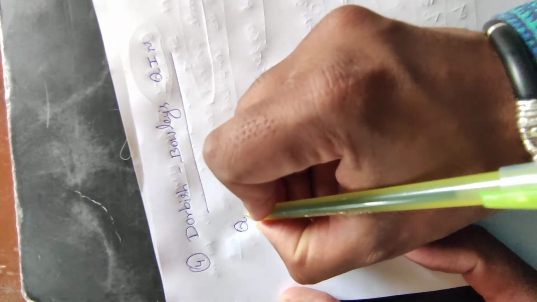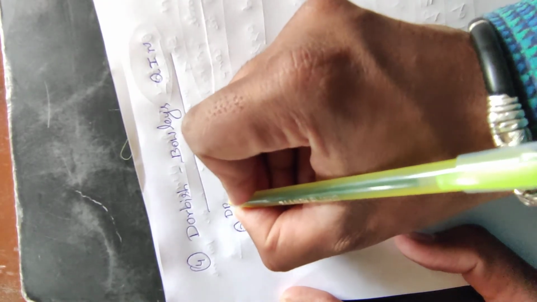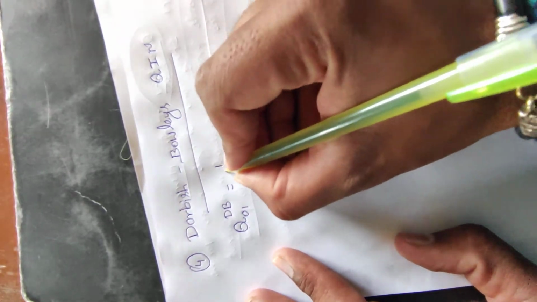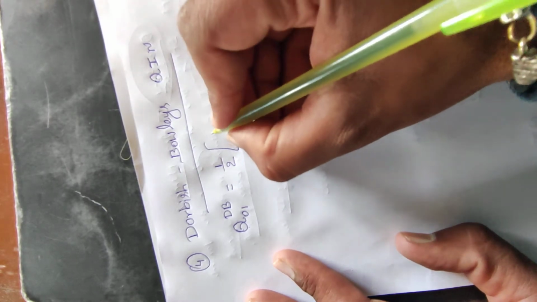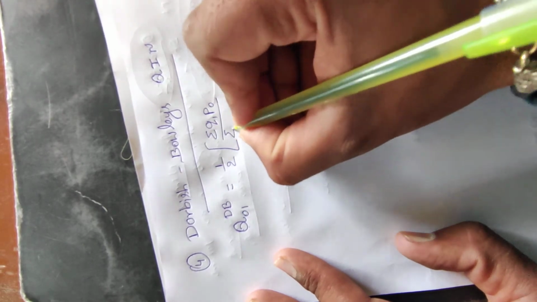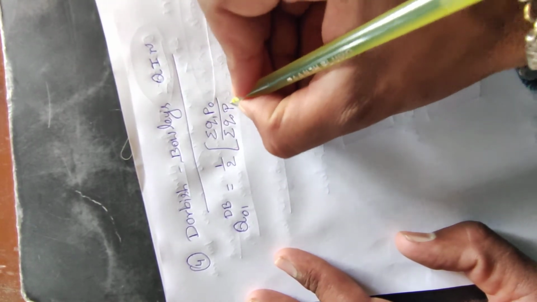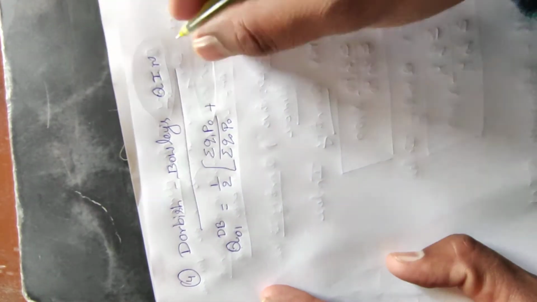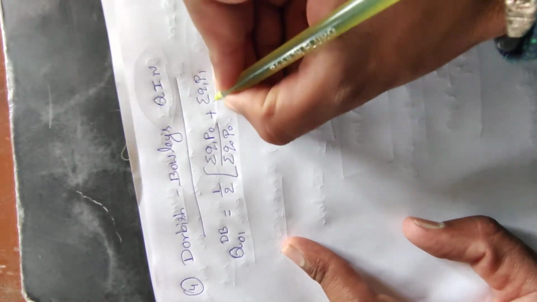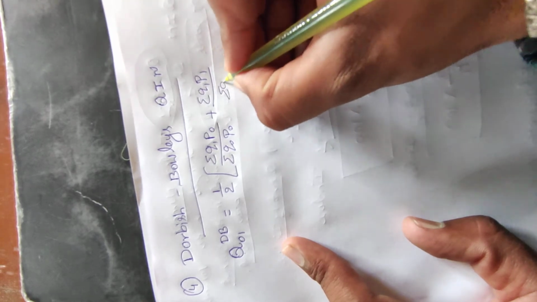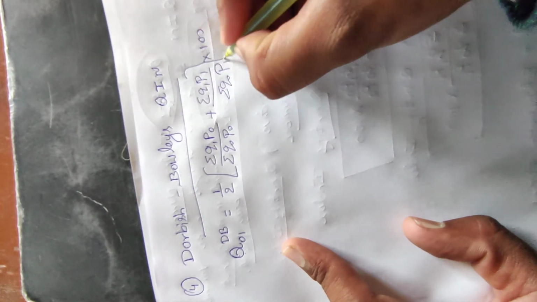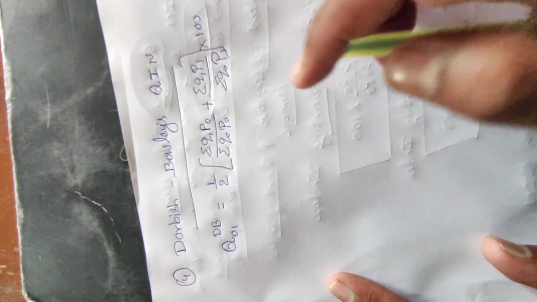We can indicate the Drobisch-Bowley index as Q01 dB equals 1 by 2 bracket summation of Q1 P0 divided by summation of Q0 P0, plus summation of Q1 P1 divided by summation of Q0 P1, into 100. This is the formula for the Drobisch-Bowley quantity index number.